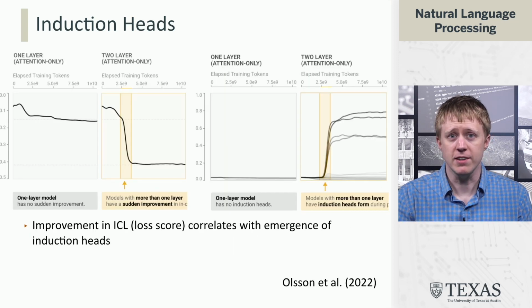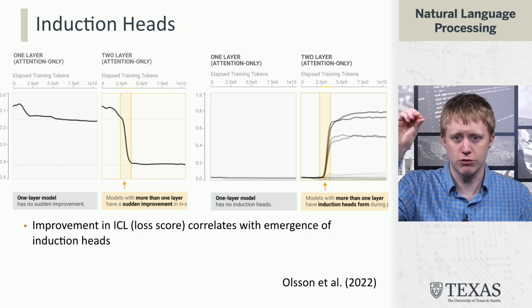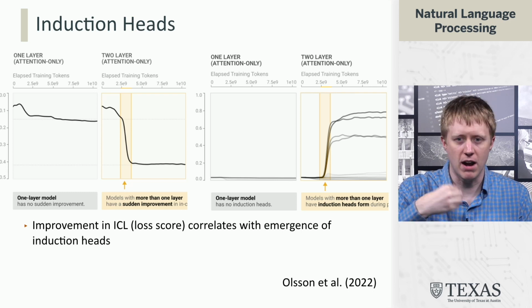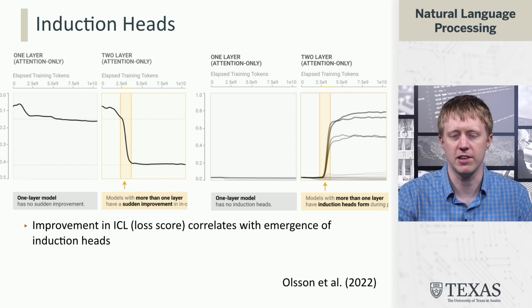The kinds of things they look for are patterns like this, where on the left we're seeing loss. They find that if they have a two-layer network, or two or more layers, there's a big drop in the loss where the model seems to crack the code, recognize these patterns, and model them with low perplexity.